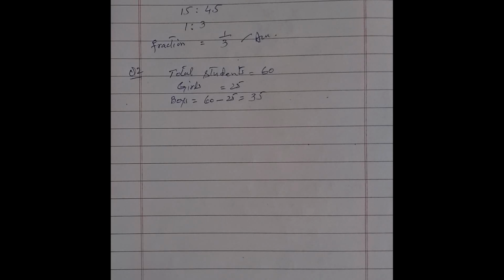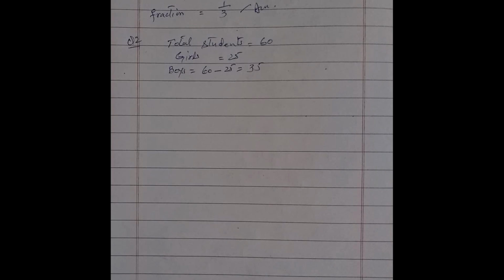In the class there are 35 boys, and first we compare the ratio of boys to total, and we know that in the statement the first value is written first in the ratio and the second value in the second position.